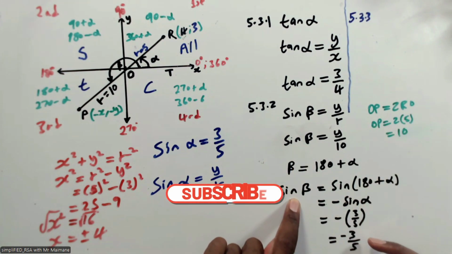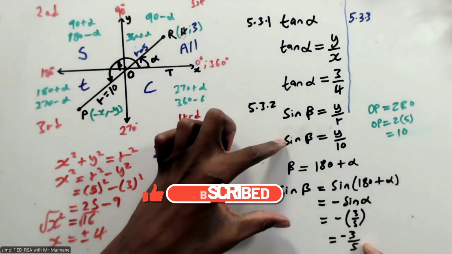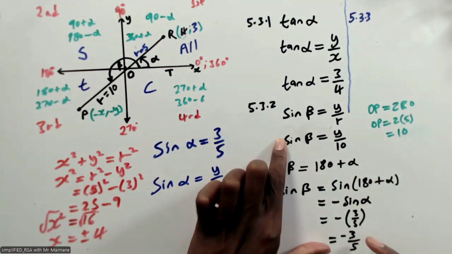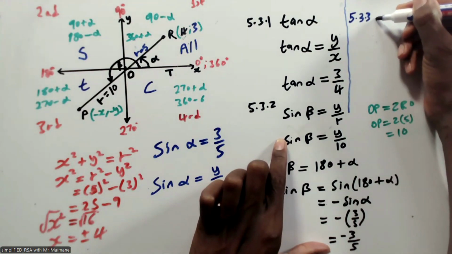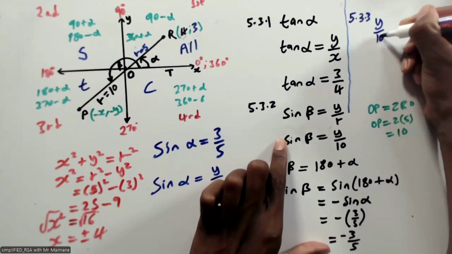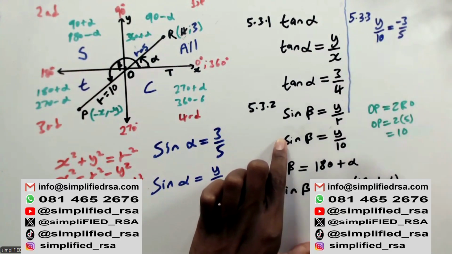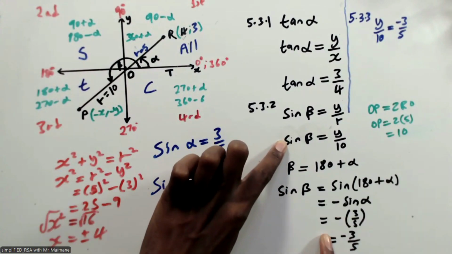And I found that the expression for sine beta is the same as minus 3 over 5. If I know that sine of beta can be expressed as y over 10, but then I found that it is actually minus 3 over 5, it means I can take advantage of that and say y over 10 is equal to minus 3 over 5, because these are both expressions for sine beta.